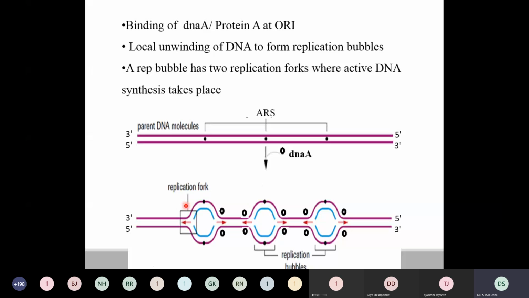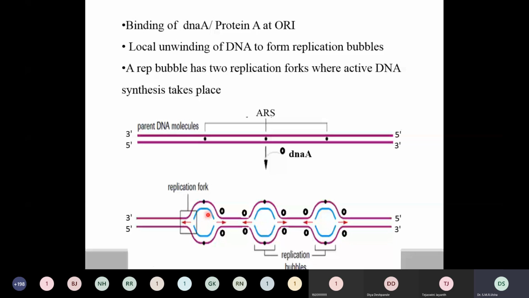Now you can see this purple color is the parental DNA and this is the daughter DNA. Replication will proceed bidirectionally, in this direction and in this direction, and both daughter DNA strands are synthesized simultaneously.